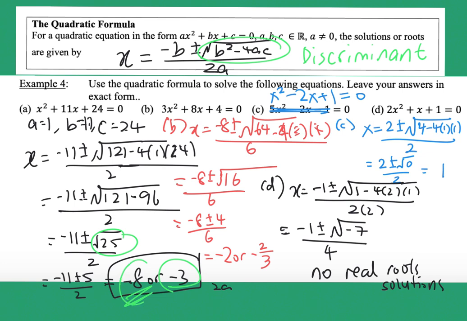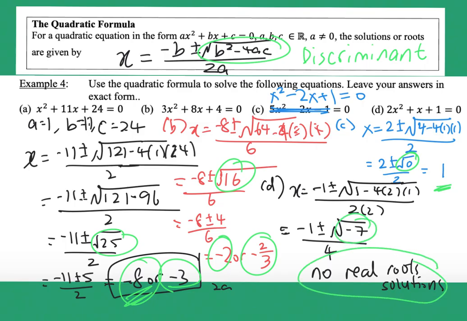In part B, we have square root of 16, and you also end up with two possible answers. And for part C, when your discriminant is 0, you have one answer. And when your discriminant is negative, you get no real roots or no real solution.